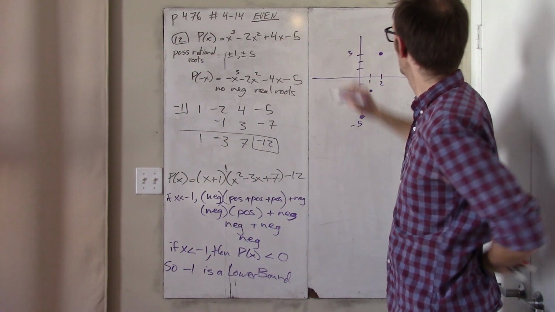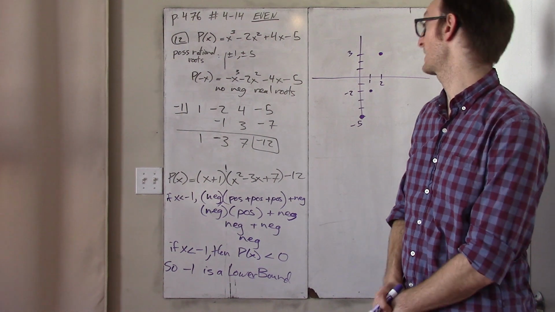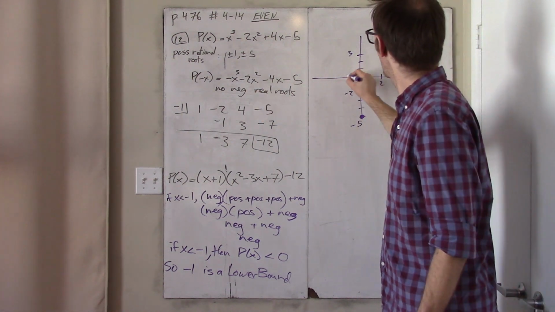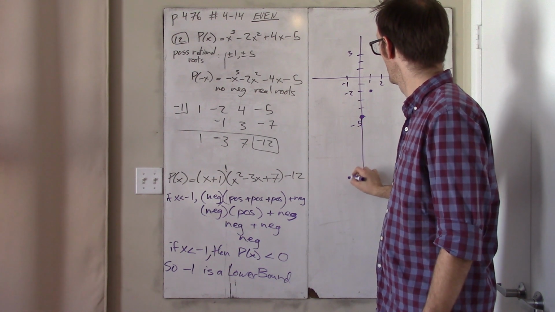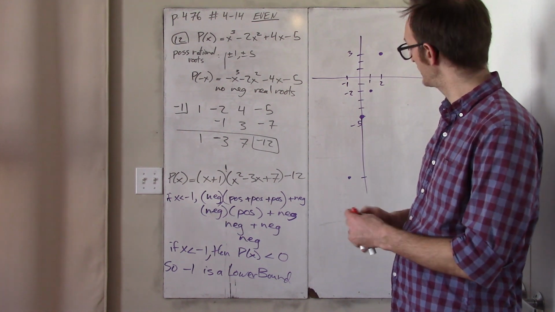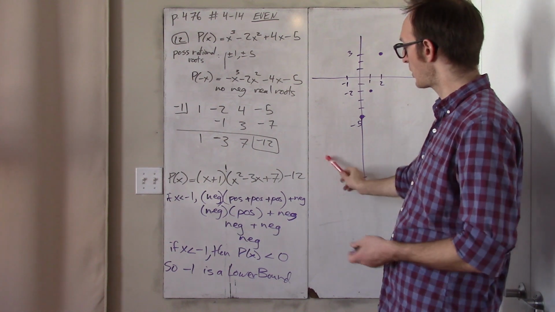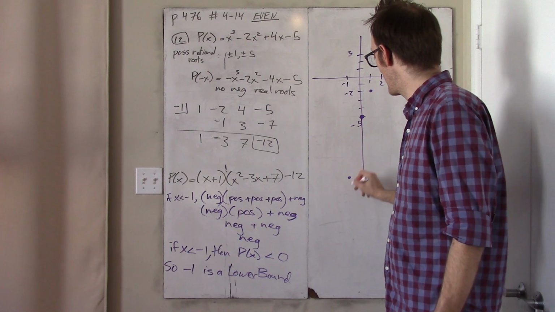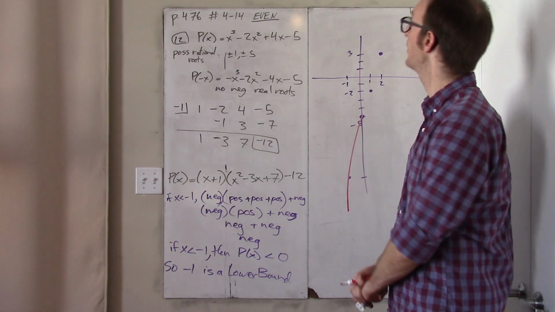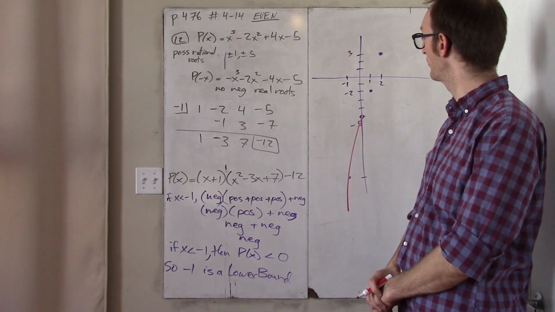And so that's 3. And then what else did I learn? When I plug in negative 1, I get negative 12. So already we're way down here. And so I sort of have reason to believe, I'm not sure what's going on with this polynomial, but I know there are no roots less than negative 1.